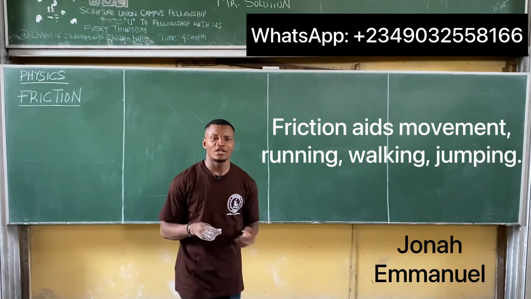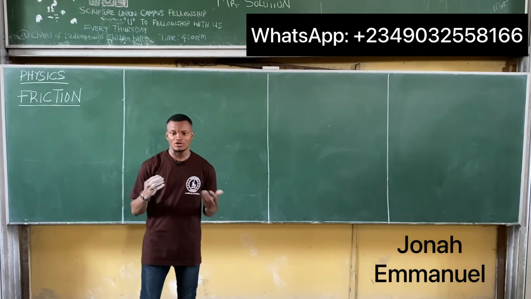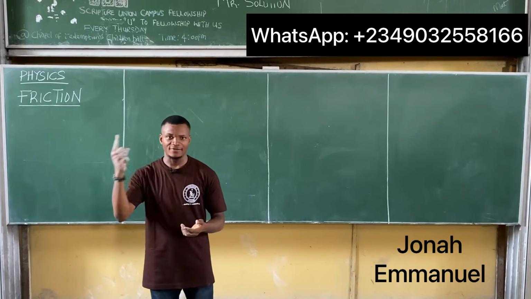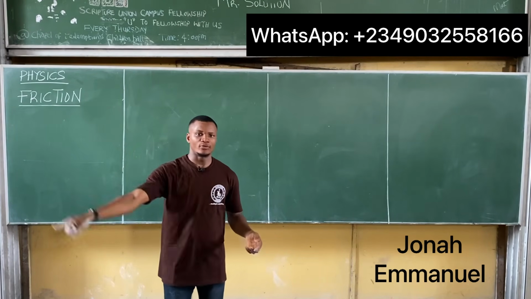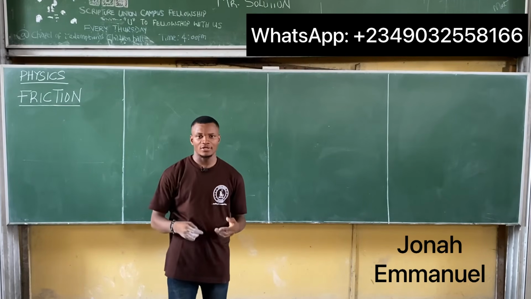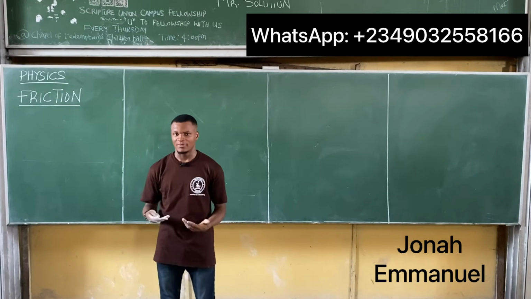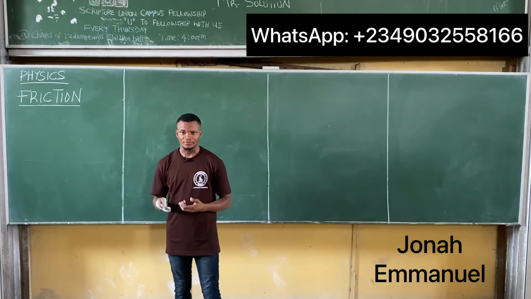Number two, friction helps us in grabbing things like this. Number three is that friction also helps in belt drives. In the case of pulleys, where you have belts on pulleys, the reason why those belts can connect to those pulleys is because there's friction existing between them. So these are some of the examples or the advantages of friction.